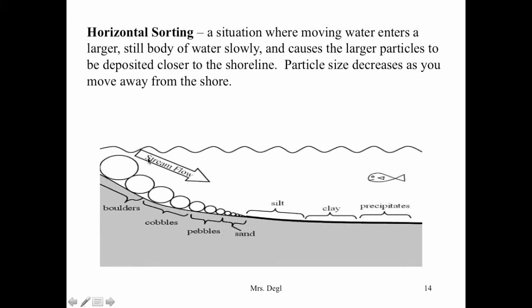As the stream enters the lake, its kinetic energy is going to decrease and it's going to slow down, eventually dropping the bigger to the smaller, to the silt, to the sand, and eventually the stuff that is dissolved. So vertical sorting is when you sort from big to small going up. Horizontal is big to small horizontally.